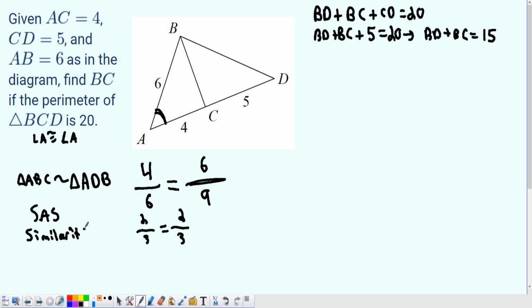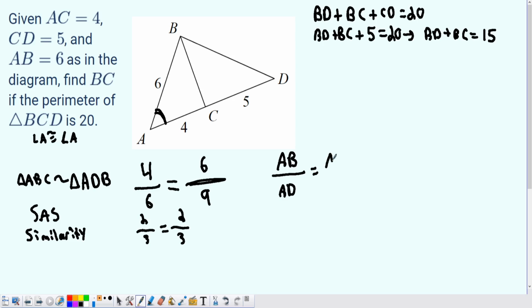what can we do from there? Well, we are trying to find BC. Can we come up with any sort of proportion involving that? Well, let's list all the proportions. So AB, like we said, would match up with AD, the two bigger sides.